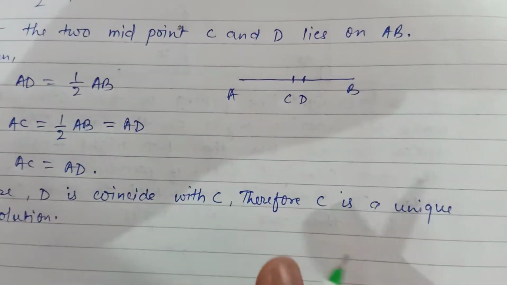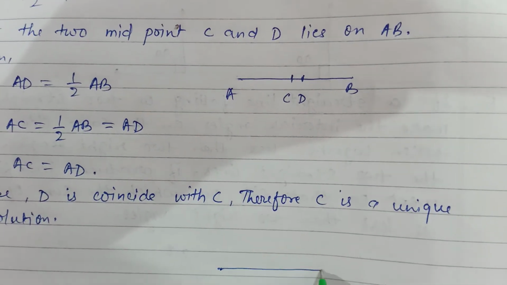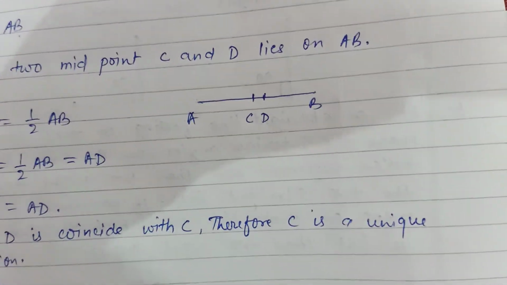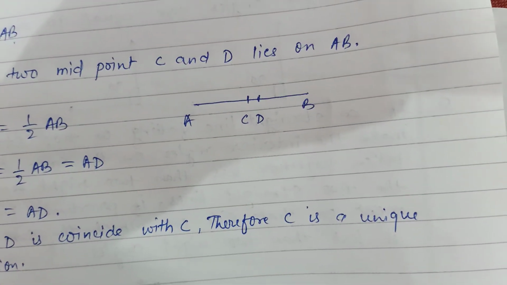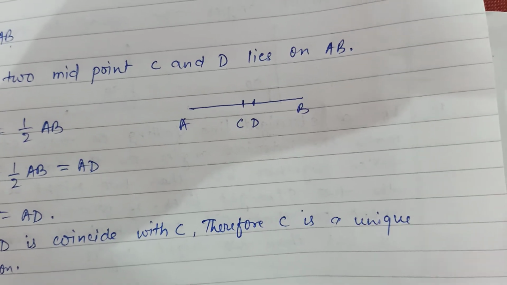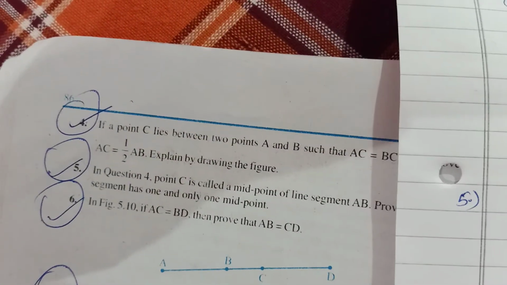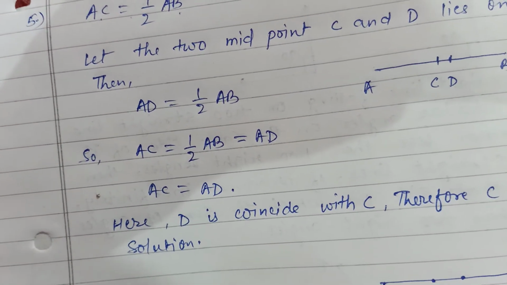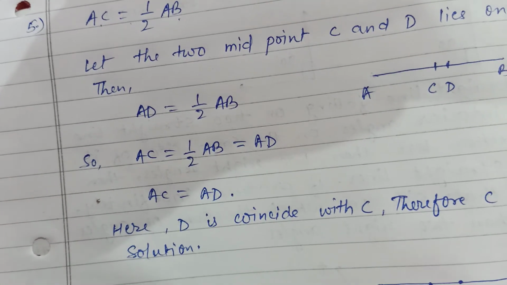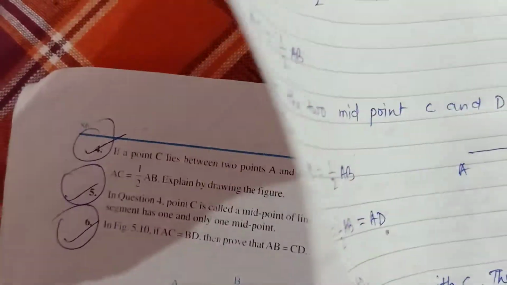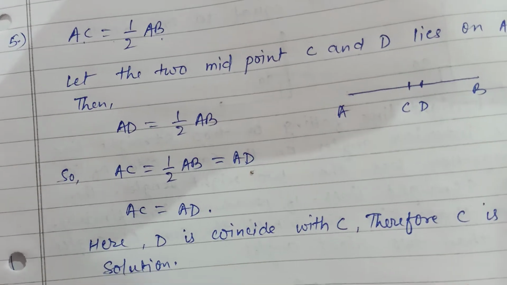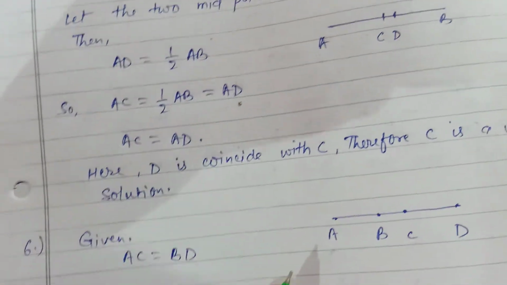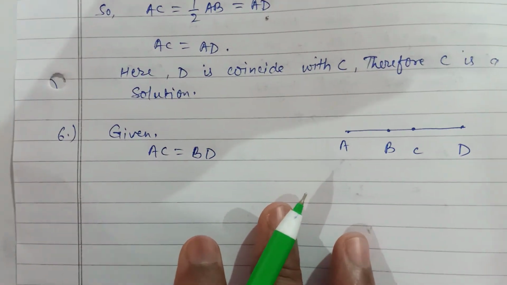There is a diagram, A, B, C, D. What is given? Given is AC equals BD. This is given.